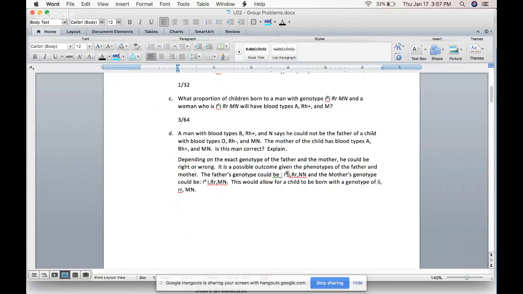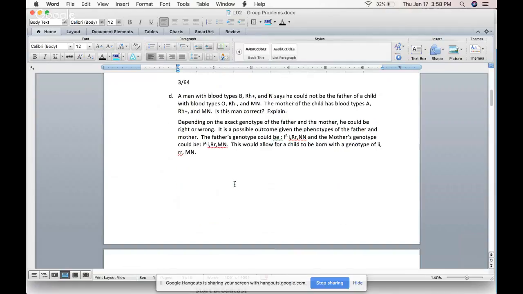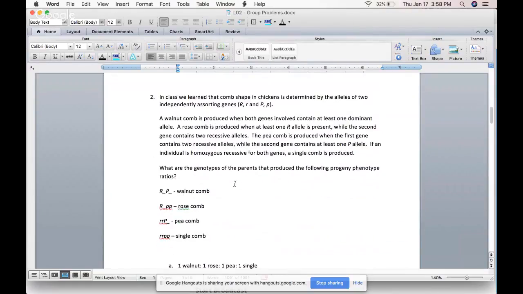Now, if the dad was homozygous dominant IB, then it would be impossible for his child to have an O. And if he was homozygous dominant for RR, it would also be impossible for him to have a child that has an Rh negative. So it depends on those two. If he's homozygous dominant, then he's correct. If he's heterozygous, he is incorrect. So that's that situation.